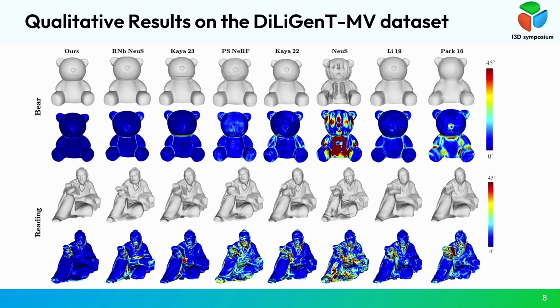The more blue the color is, the lower the angular error between the normal vectors, and the better the normals align with each other. The error is also clipped at 45 degrees for visualization purposes. We can see that our method produces the most accurate geometry and the lowest mean angular error across both the objects of the dataset.